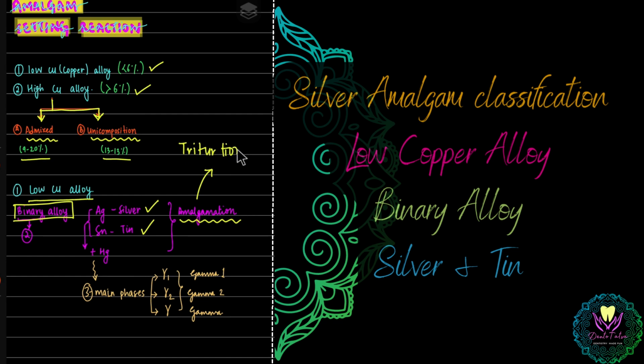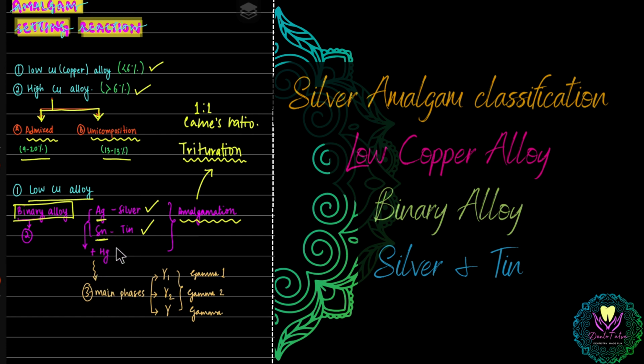Now when we talk about low copper alloy, we will talk mainly about binary alloys. Binary means there will be two metal components. In this case, the two metals are Ag and Sn, Ag meaning silver and Sn is tin.